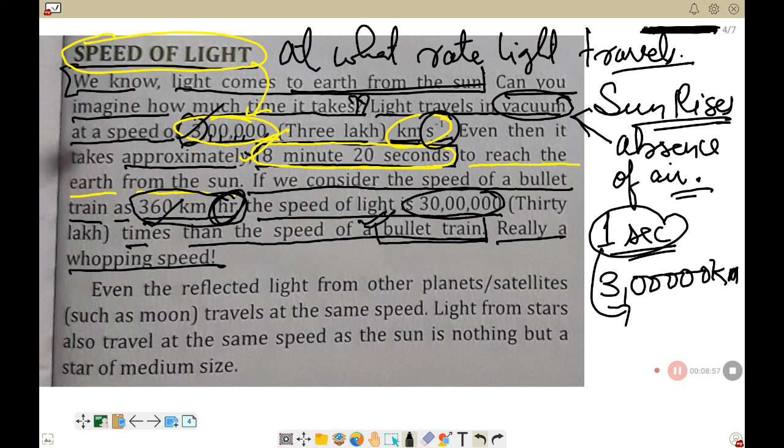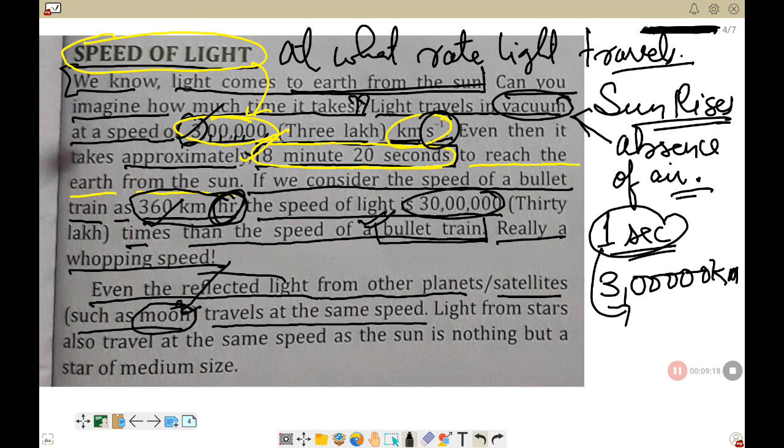Okay, speed of light, that is 3 lakh kilometer per second. So even the reflected light from other planets or satellites, such as the moon, you know, the moon revolves around the earth. So the moon is the satellite of the earth, and it travels at the same speed.